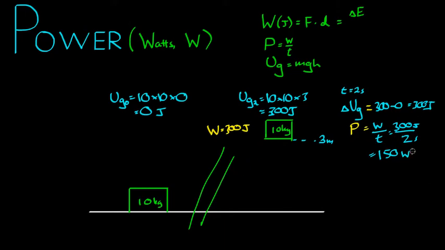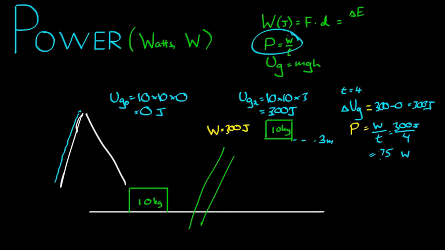Now, if I change something about this question, if I say it didn't take 2 seconds, it took twice that long, 4 seconds, that means power equals work over time, that's 300 over 4, and it's not 150 watts this time, it's 75 watts, so it's become less powerful. Just like our mountain analogy. If the person takes a long time to reach the top, we said their legs weren't very powerful.